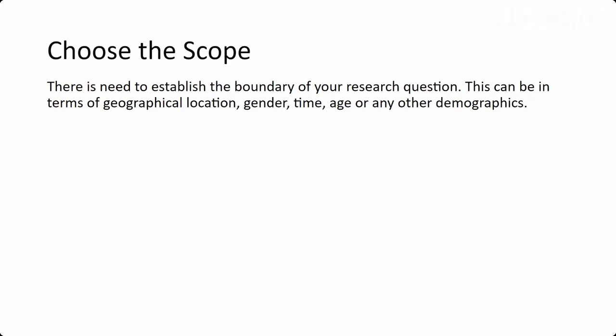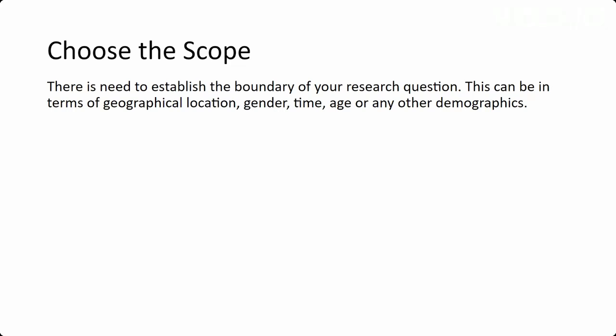This can be done in terms of geographical location, gender. Which gender are we looking at? Or which country are we looking at? Which province? Which constituency are we looking at? From what period? Is it 1991 to 1995?